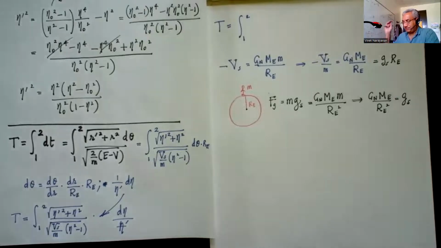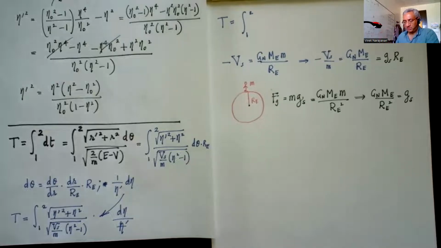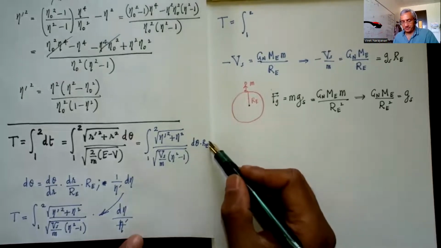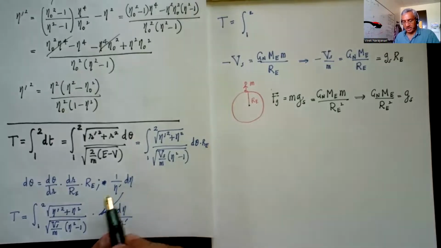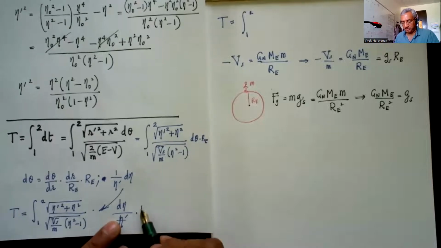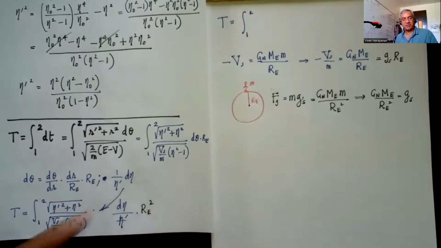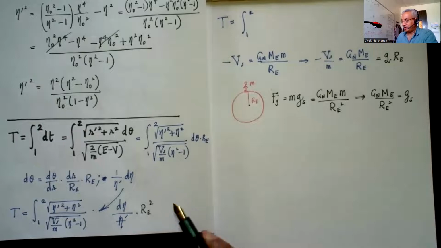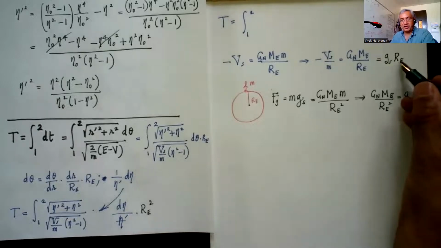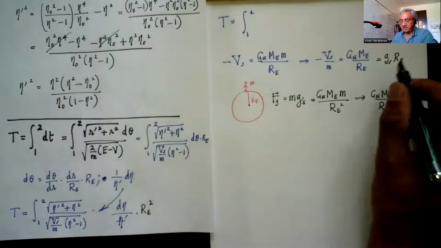Let us substitute. Now, there's an r sub e here, and when I carry out these shenanigans, there's another r sub e, so there's an r sub e squared outside. That r sub e squared that is outside will cancel out one of the r sub e's when I bring the v.